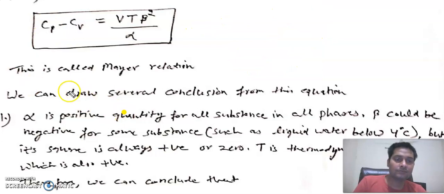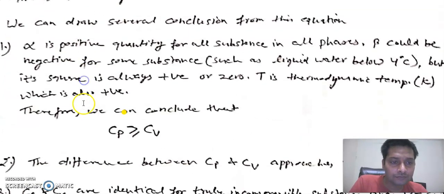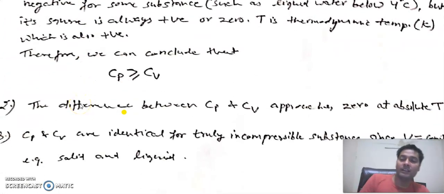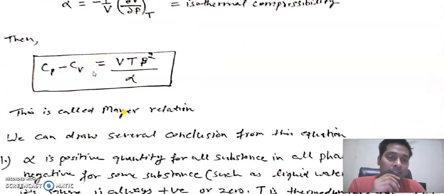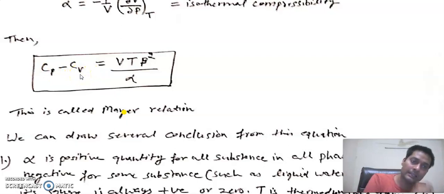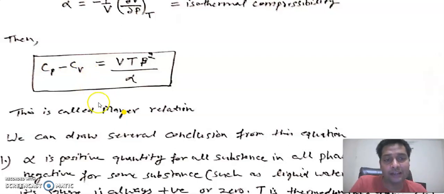Second, the difference between Cp and Cv will be 0 at absolute 0 temperature. When temperature T is 0, the right hand side term will be 0 and Cp will be equal to Cv. At absolute 0 temperature, the Cp and Cv values are identical.